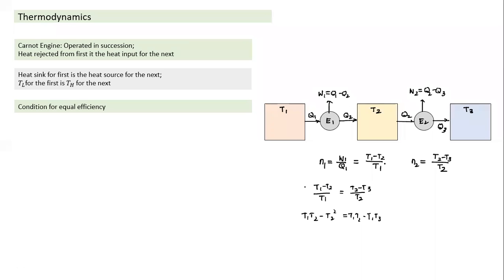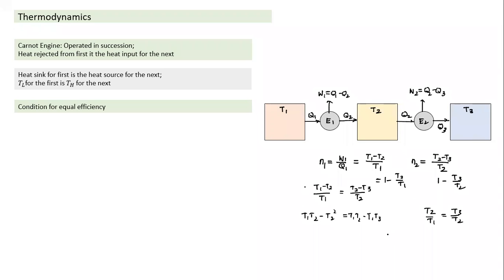I could also write 1 minus T2 by T1 equals 1 minus T3 by T2. So even easier, I can write T2 by T1 is equal to T3 by T2.